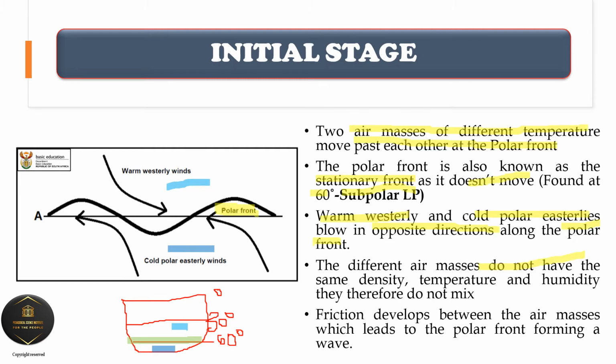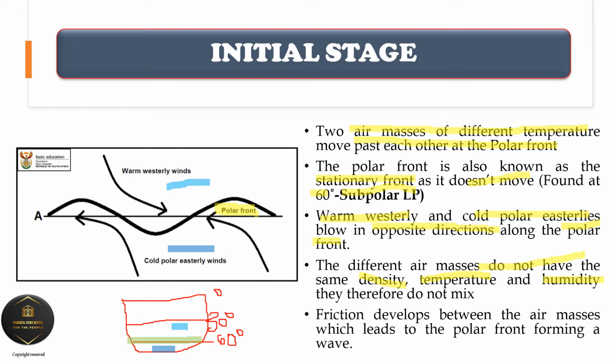They do not have the same density. So let's always remember that point for us to understand this. They do not have the same density. They don't have the same temperature. They also do not have the same humidity. Now, because of these differences, part of the air is warm and part of the air is cold.